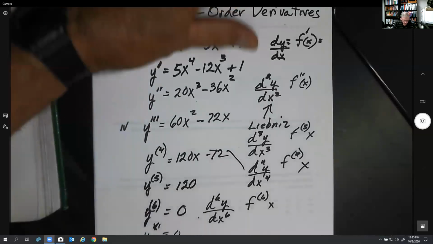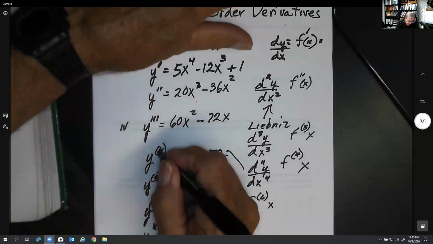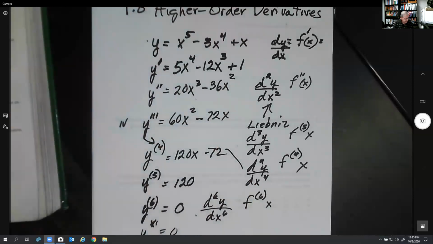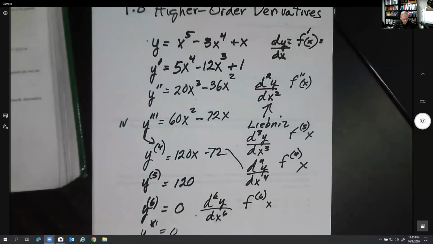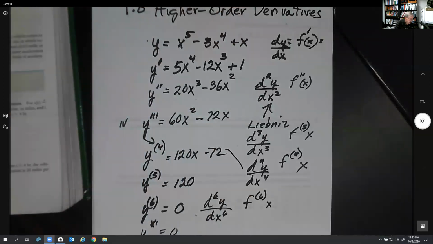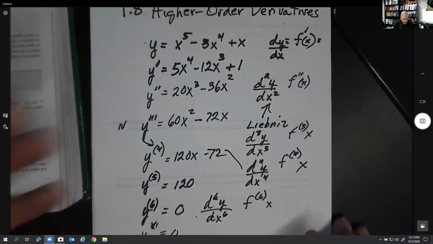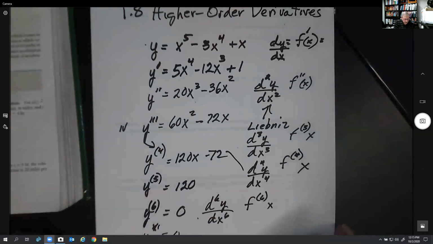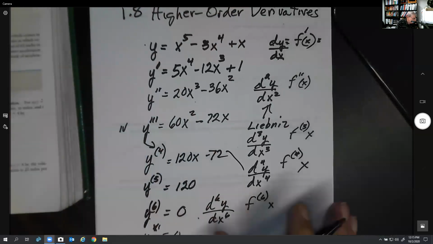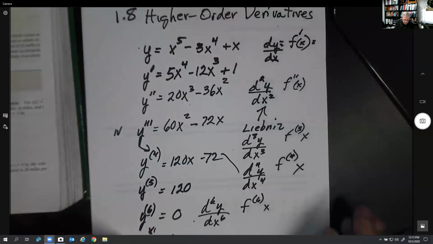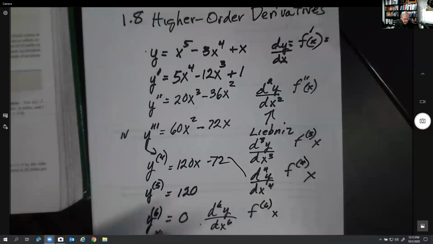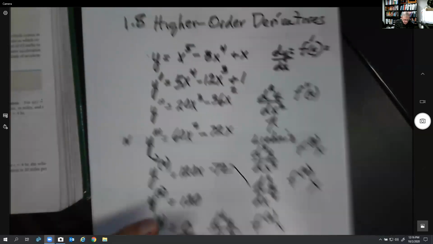But we usually don't. By the time we get up to 4, we just want to write the number down. So different ways to do it. So that's what we mean by higher order derivatives. We take the derivative of the derivative. We do want to simplify the problem a little bit, but sometimes you don't want to simplify it so much that it gets difficult to take the next derivative.